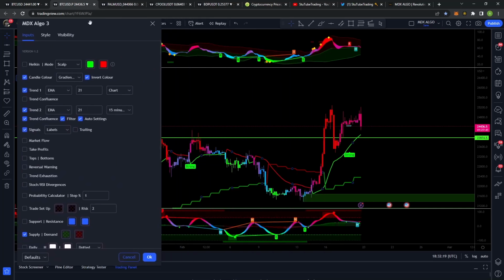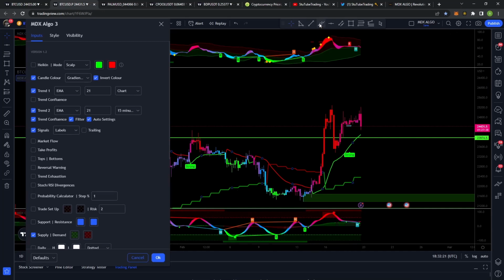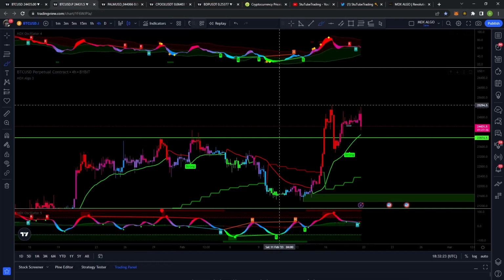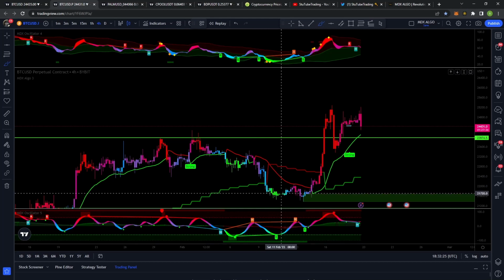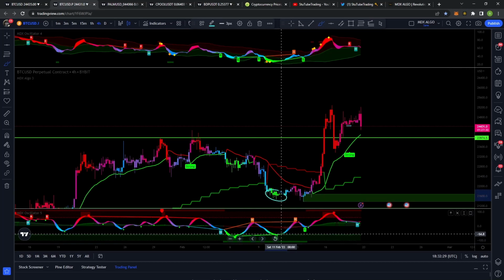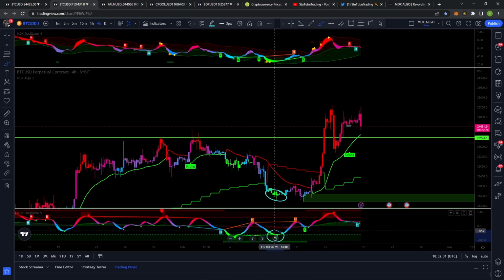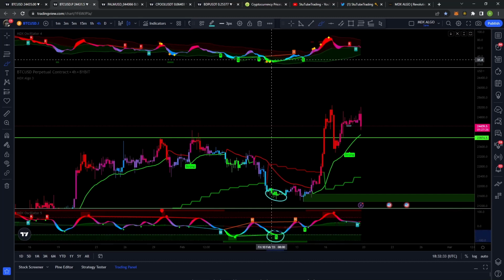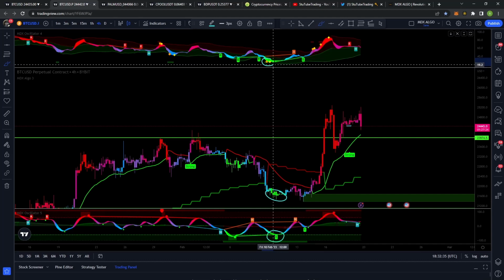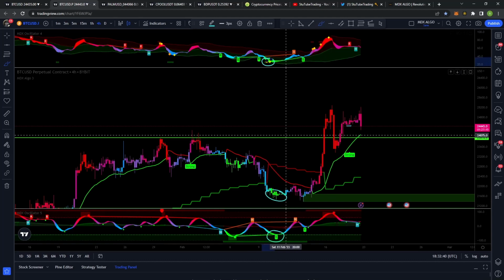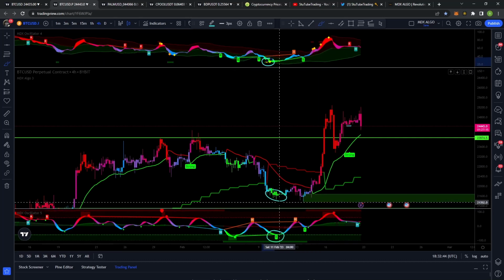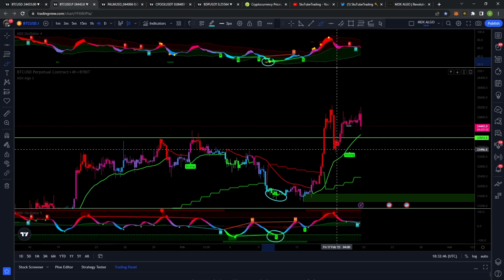Here's a perfect example on the 4 hour: we had the candles flip into a bright green. We had our regular bullish divergence on the oscillator 5 down here, and the oscillator 4 up here had that diamond and the orange dot there. So all three indicators showing up with a lot of green, a lot of warning signs that there might be a bullish pivot, and just an absolutely beautiful call there.